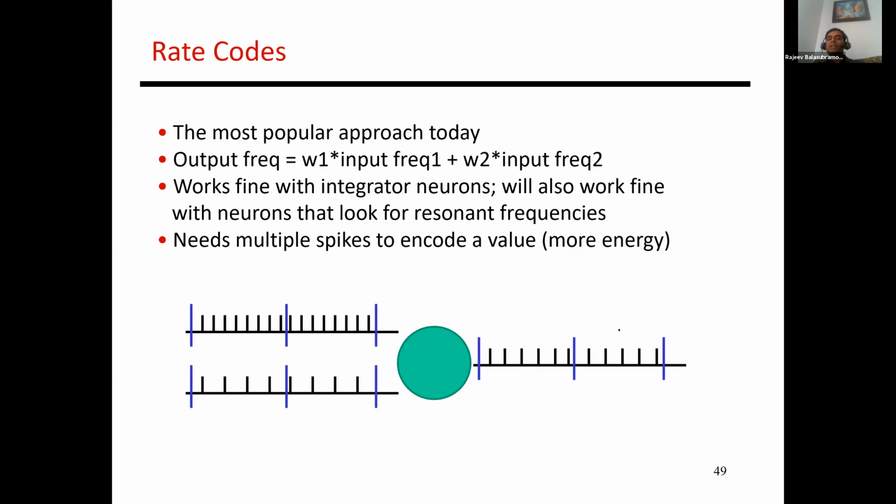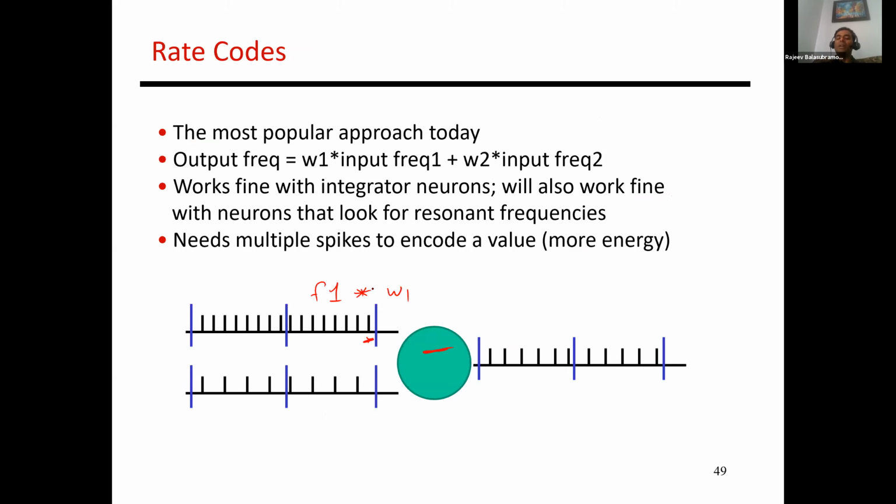Okay, so now let's look at a rate-coded neuron, and as if I were to come up with an equation for the potential of this neuron. Each time I get an input over here, the potential goes up by W1. And so if I see F1 spikes over here, the potential has gone up by W1 times F1.